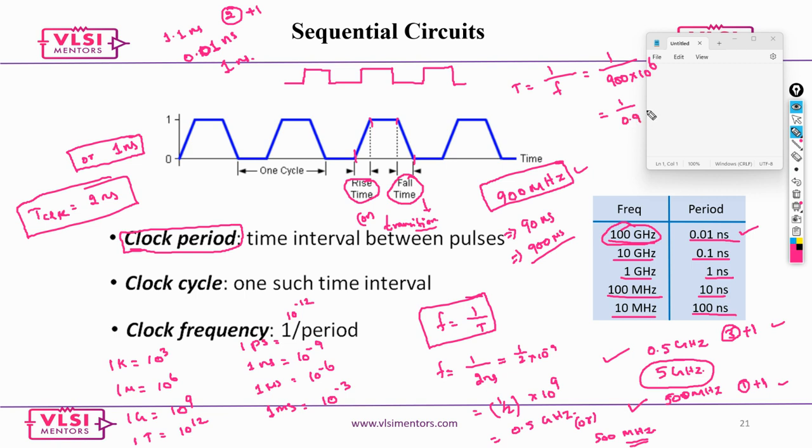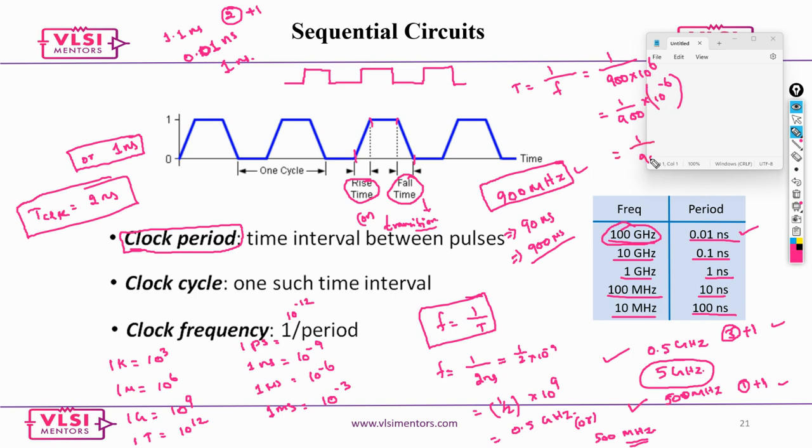Let this be as it is: 1 by 900 into 10 to the power minus 6 when it goes on the top.